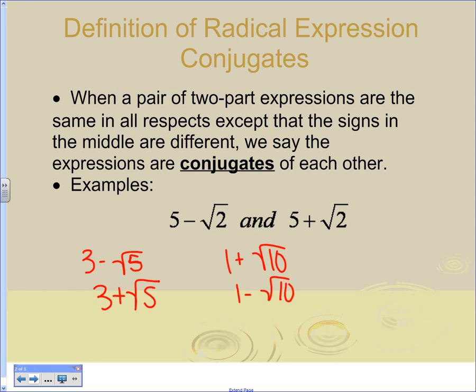Does that make sense? What about the conjugate of that? Does this negative sign go away? Only the one in the middle changes. You see how that works? That's what the conjugate means.